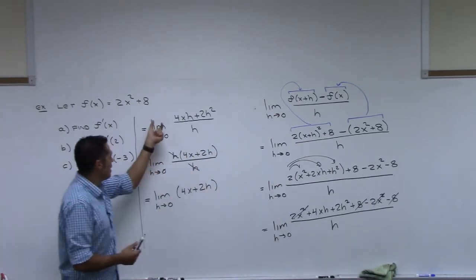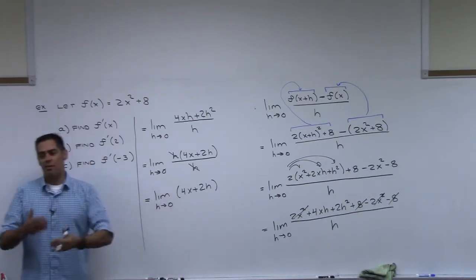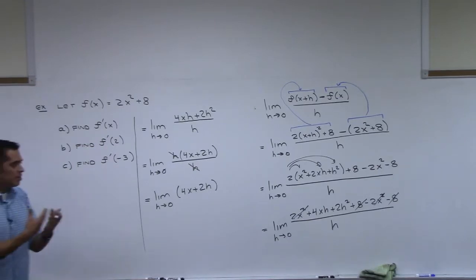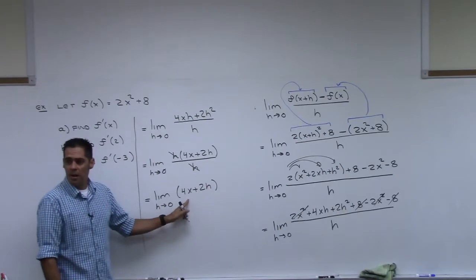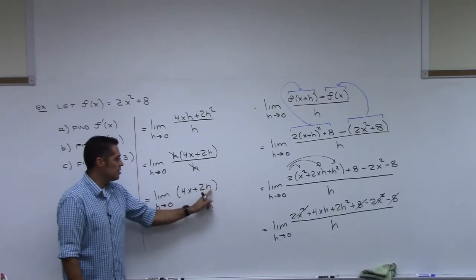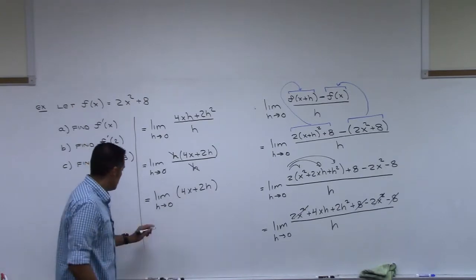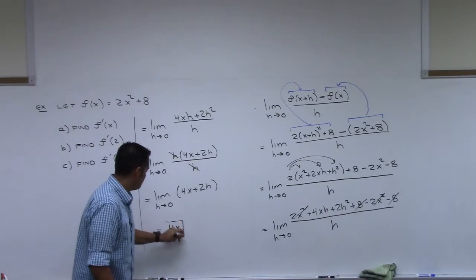The whole time I've been writing limit, limit, limit, limit. And now that I'm at the last step, now I'm going to let h go to 0. What happens if I let h go to 0 right now? You end up with just 4x. If that h turns into a 0, this goes away, and all you have left is the 4x. So at the end of it all, we have 4x is our answer.